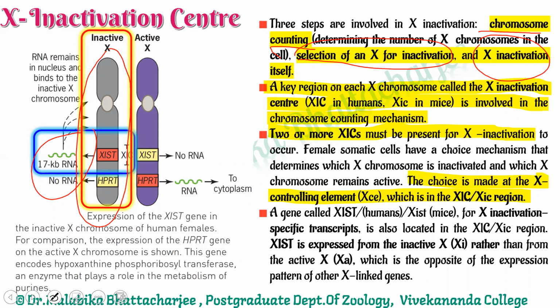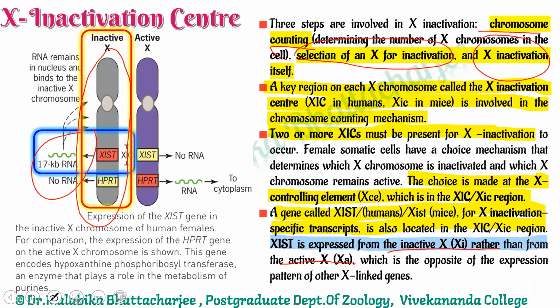That means initially, the XIST gene is present in both X chromosomes, and the X chromosome which produces this RNA becomes heterochromatinized. The inactive X chromosome is represented as Xi and the active X chromosome as Xa. So keep in mind that XIST is expressed from the inactive X chromosome rather than the active X chromosome.